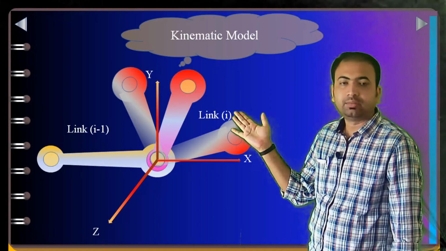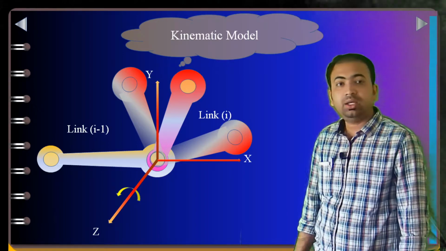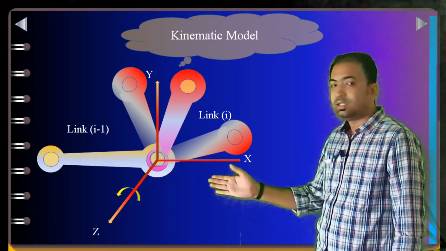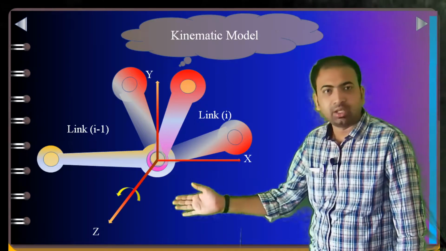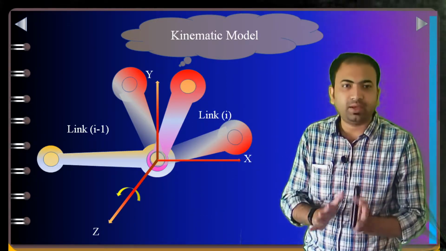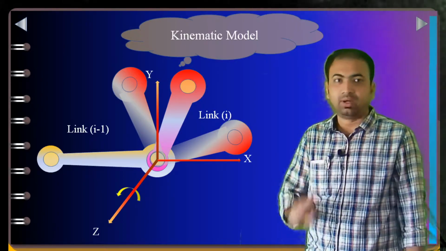And as I said already, the rotation always takes place with respect to the z axis only, and x and y we have to fix based on the right hand rule. So, that is case number one.